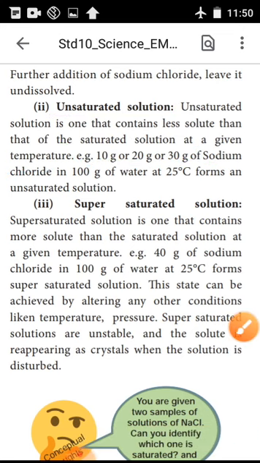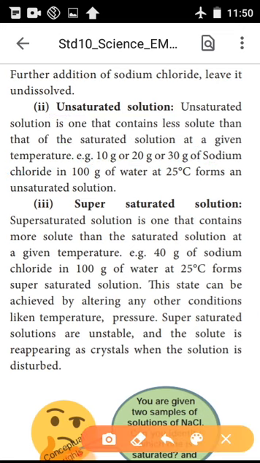So if you are taking a lesser amount of solute than the saturated solution, dissolved in 100 gram of water at the same 25 degrees Celsius temperature, this solution will be an unsaturated solution.